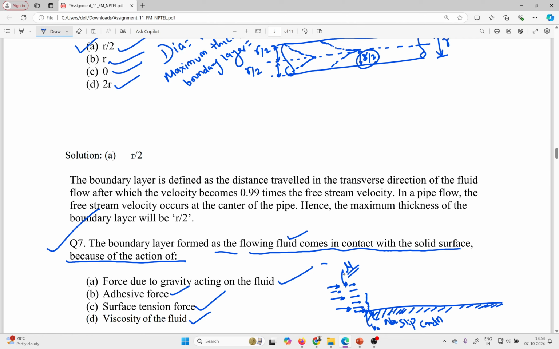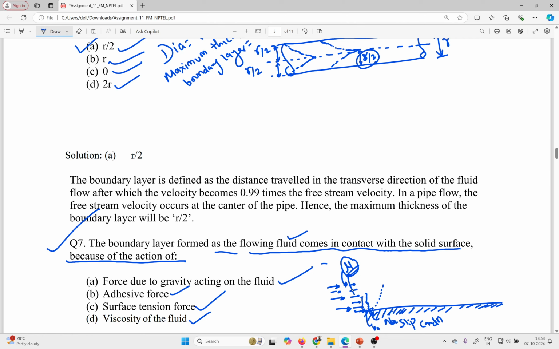Viscosity must be present in your fluid, then your velocity will be like that. Because here it is zero, here is water flow, but here the effect of no slip is propagated due to what? By the viscosity, and this effect is carried in the upward direction by your viscosity.